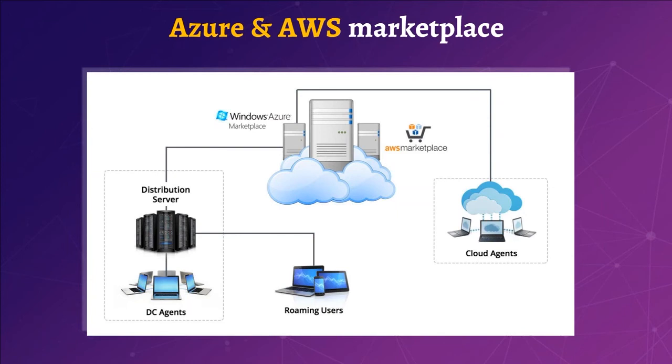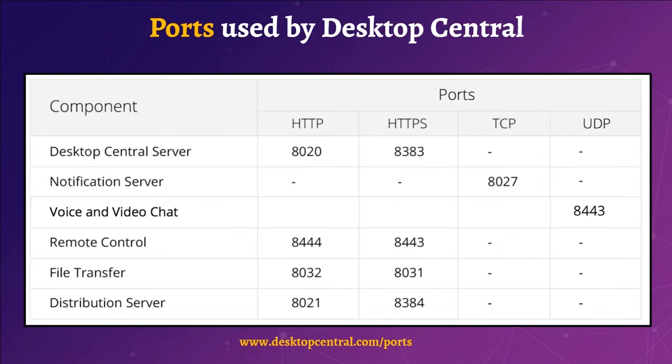Okay, so ports. Here are the ports used by Desktop Central. So I would request you to open all these ports on the server end to use certain functionalities in Desktop Central. For example, voice and video call, video chat is one of the features in Desktop Central. It works with a UDP port, which is 8443.